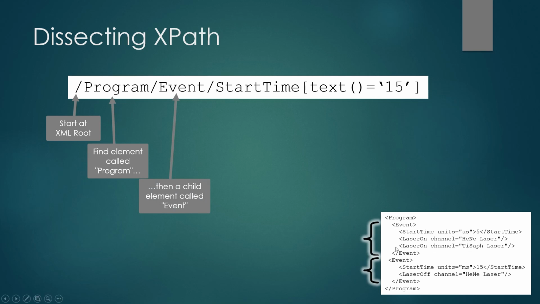There are 2 events inside of program. Remember, we're always going to work with groups. Unlike a real file system, we can have, quote, directories with the same name. So there are multiple events inside that. You can't have directories with the same name in a file system. Okay. Then from the events, remember we have 2 events, find any start times, which means there are 2 start times because we had 2 events.